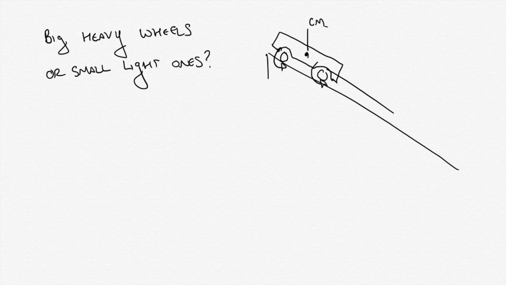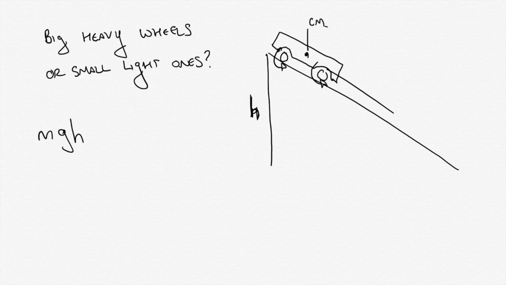Let's just imagine this is the height of the hill that we have to go down. So the potential energy of the cart at the top of the hill is mgh. m is the mass of the cart, g is acceleration due to gravity, and h, let's make that a small h just for convenience. And that's our potential energy at the top of the hill.